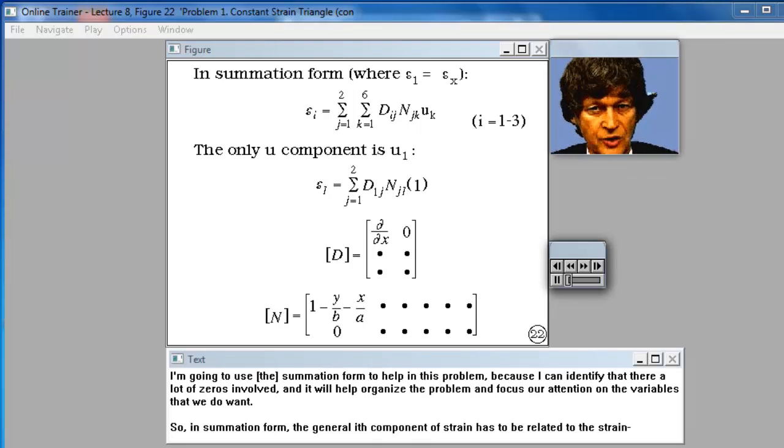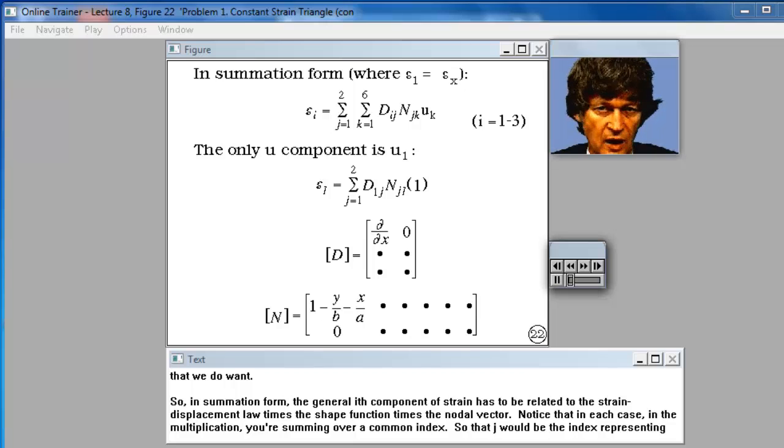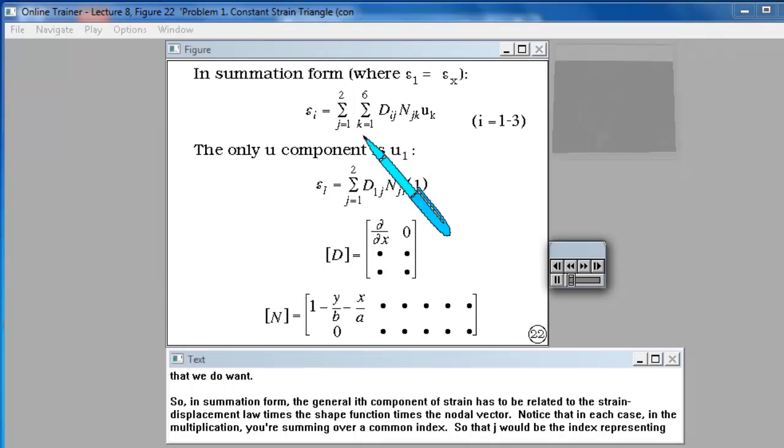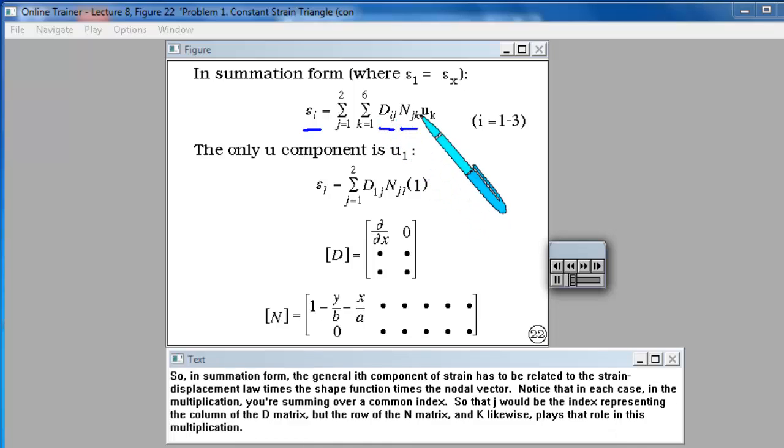I'm going to use summation form to help in this problem because I can identify that there are a lot of zeros involved, and it will help organize the problem and focus our attention on the variables that we do want. So in summation form, the general ith component of strain has to be related to the strain displacement law times the shape function times the nodal vector.